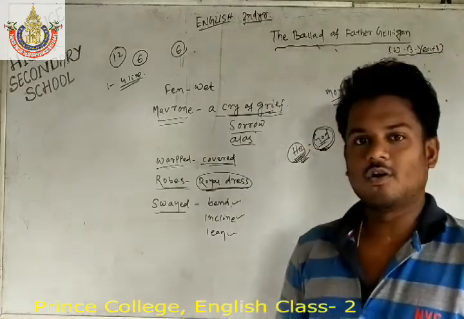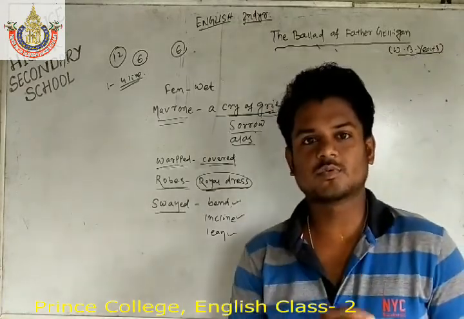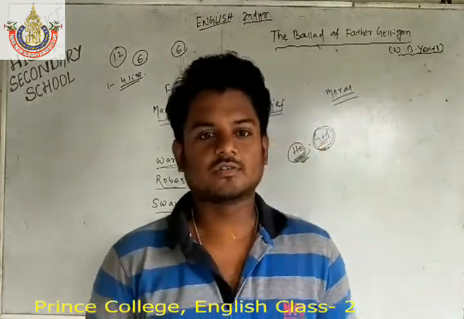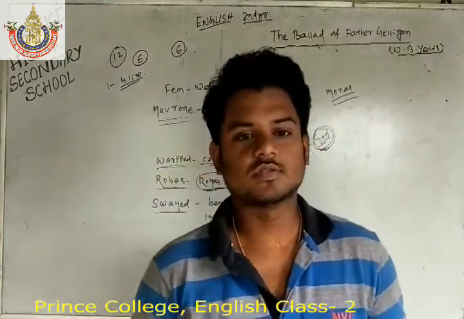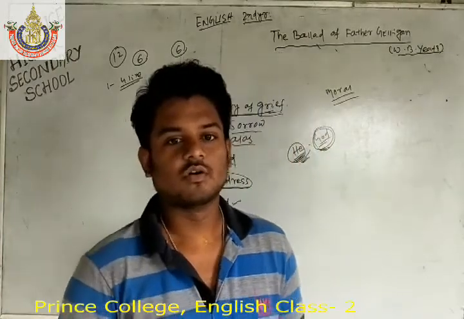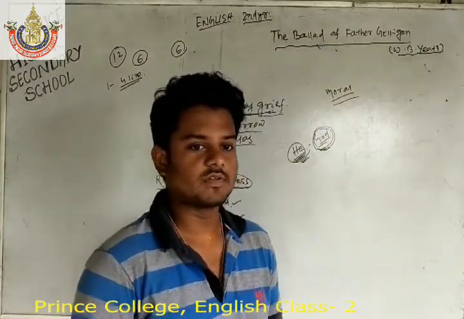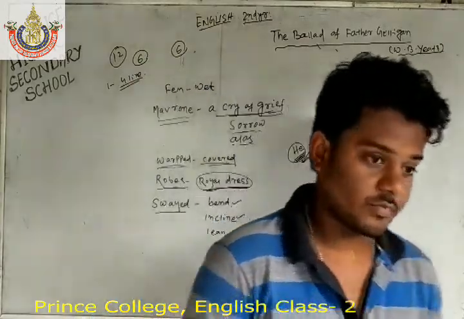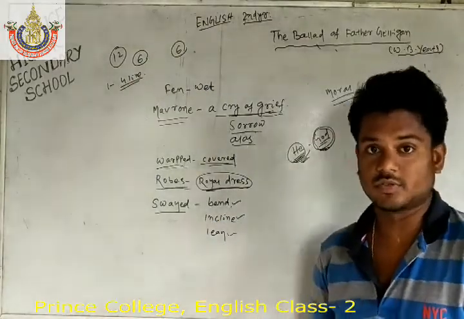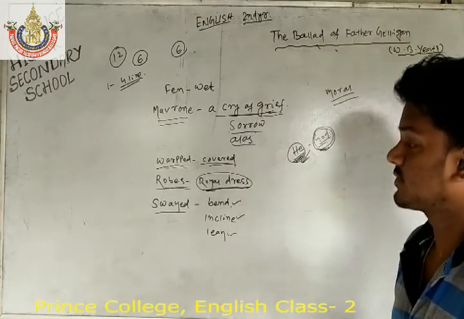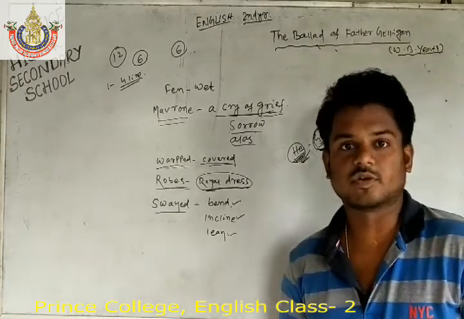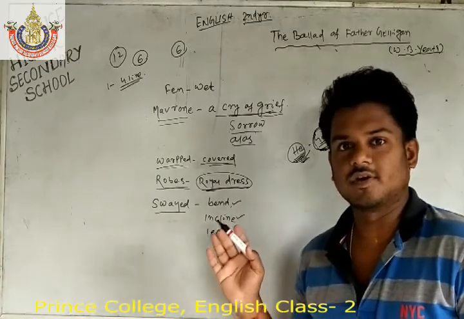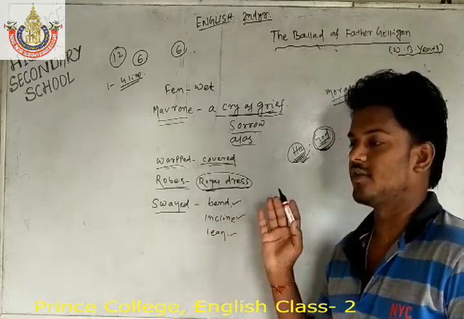God helps those people who help others, and the poem shows the love and care of God, for whom all the lives are equal and important. How are the lives equal and important? The poem shows it through Father Gilligan, the life example of this poem. It's all about the poem, The Ballad of Father Gilligan.